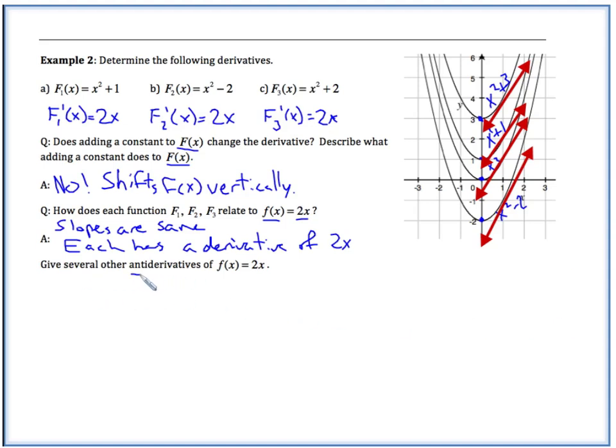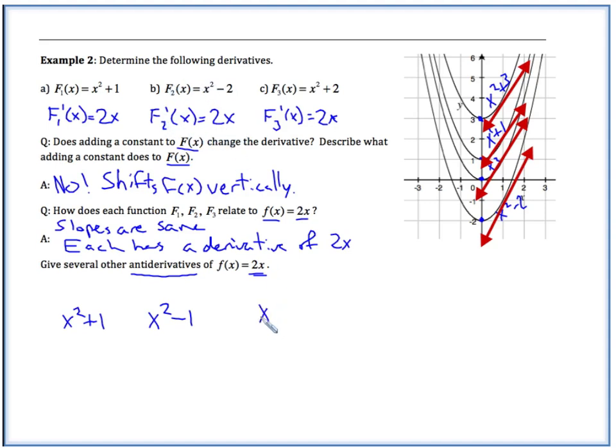So what does this mean for our antiderivatives? So here was the derivative of 2x. So the antiderivative could have been x squared plus 1, right? Because it gave a derivative of 2x. The antiderivative could have also been x squared minus 2. Could have been this example, because the derivative is 2x.